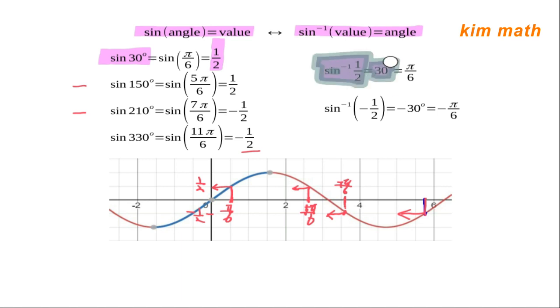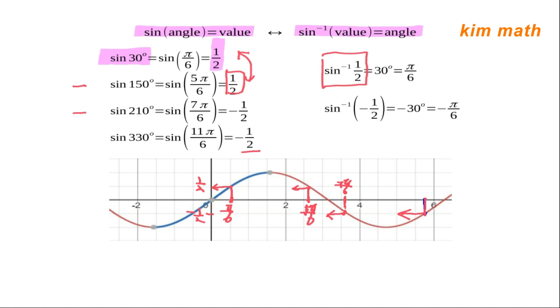Let me erase this one. Okay, look at this. They ask arcsine 1/2. If we look at this part, the two different angles have the same sine value 1/2.